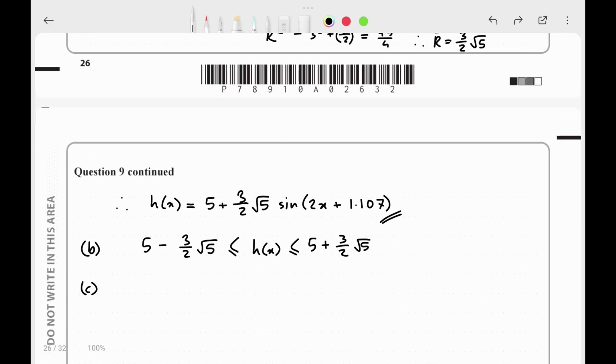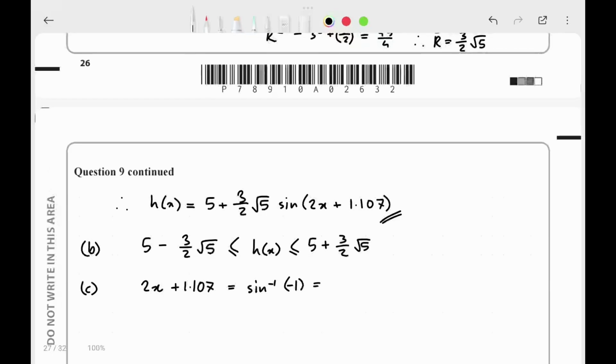So at the minimum value, we don't need to differentiate, we don't need to use calculus at all. At the minimum, we know that the value of sine is going to be minus 1. So 2x plus 1.107 is going to be equal to sine inverse of minus 1.